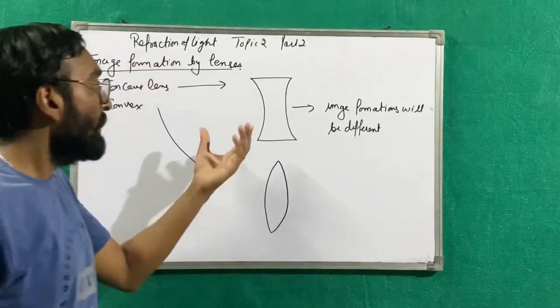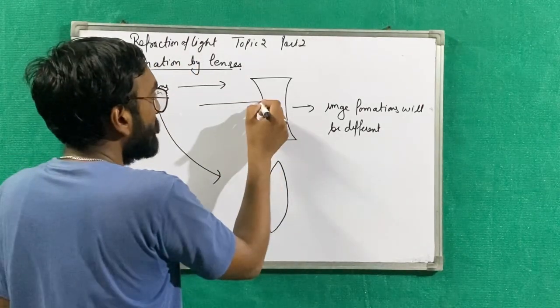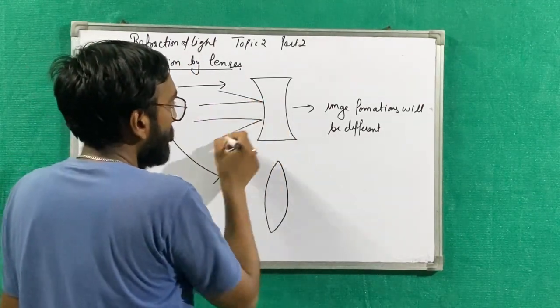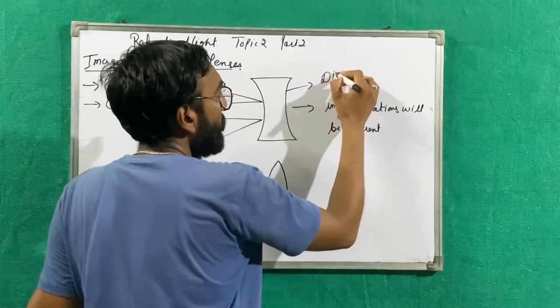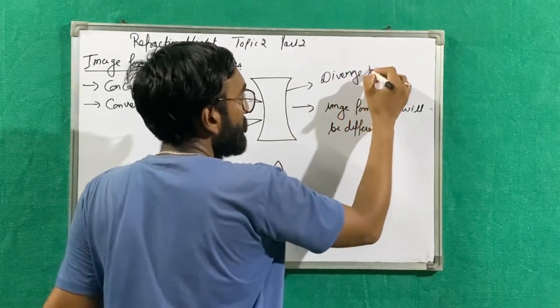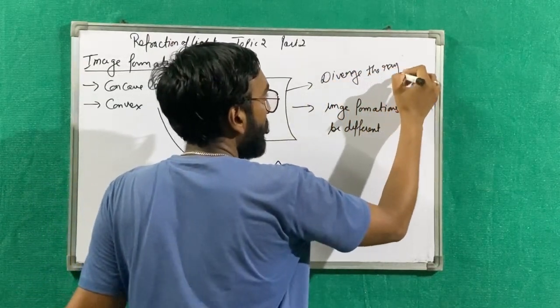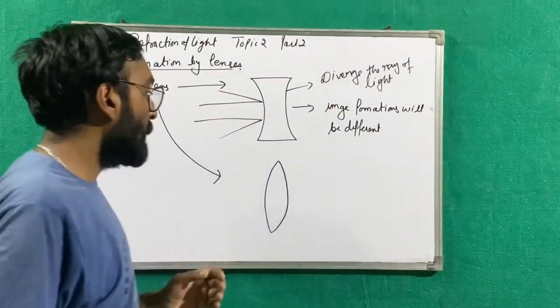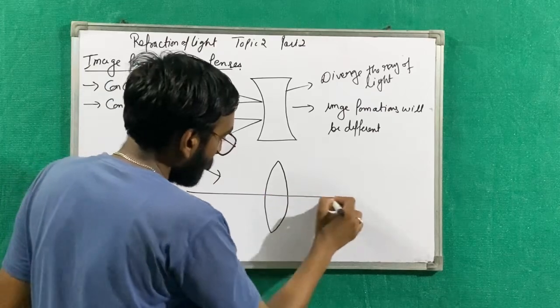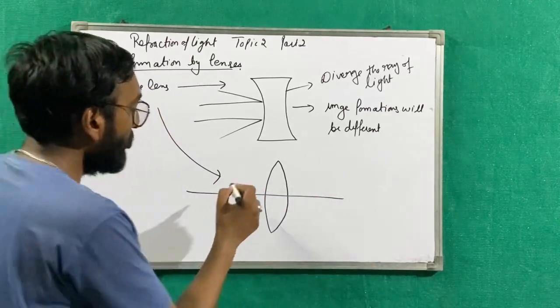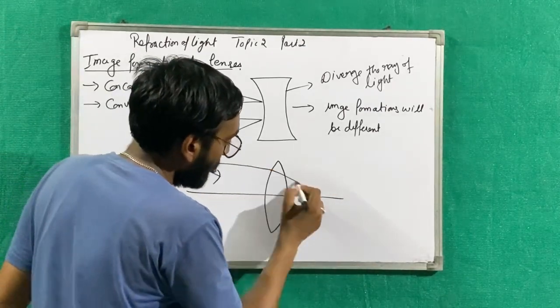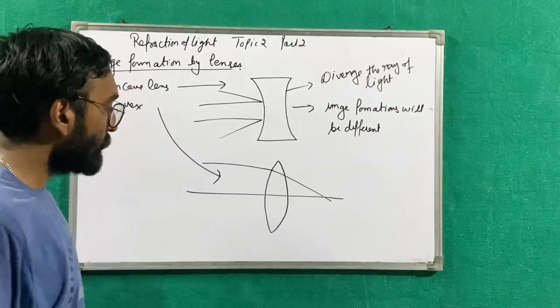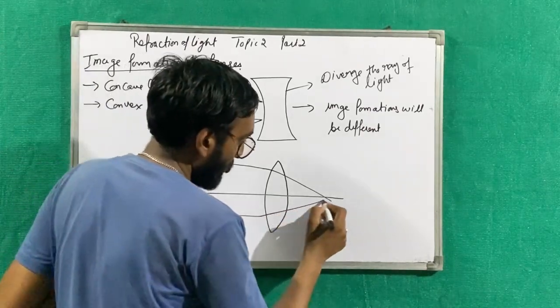Here the concave lens is a diverging lens. It will always diverge the rays of light, whereas the convex lens is a converging lens. It will converge the light to another point like this.